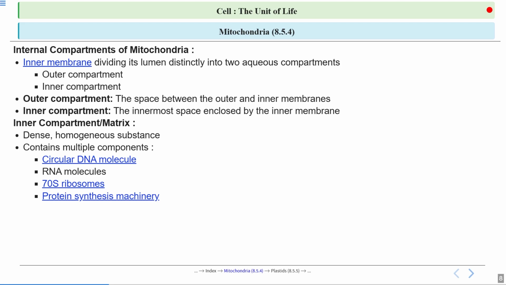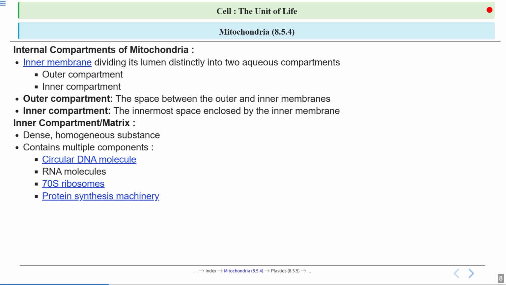So mitochondria have their own DNA, they have ribosomes also, and they have other components which are necessary for protein synthesis as well. So mitochondria can produce certain proteins which are essential for mitochondrial functioning. And these proteins are also involved in the electron transport chain and oxidative phosphorylation through which ATP is produced.